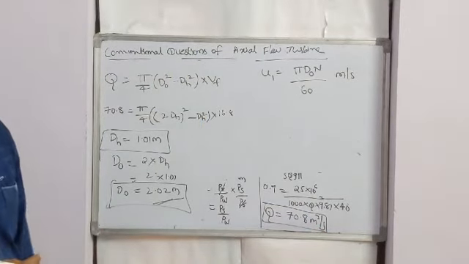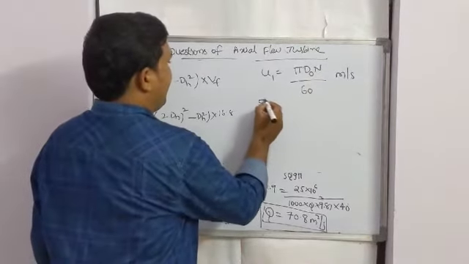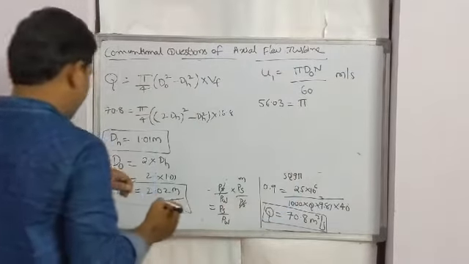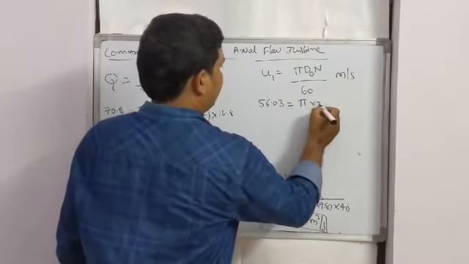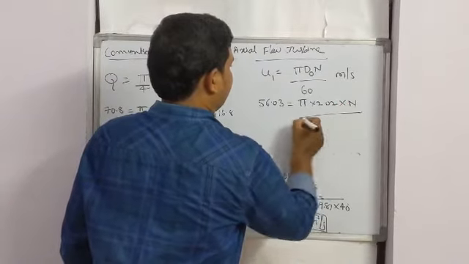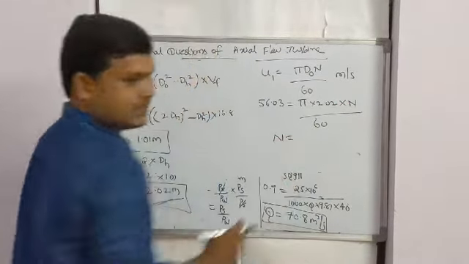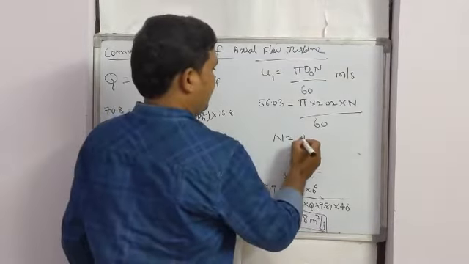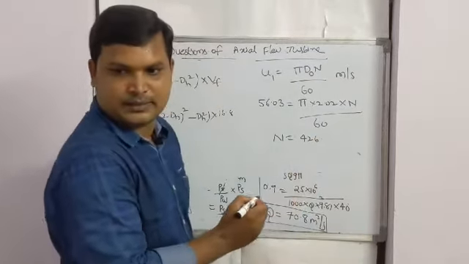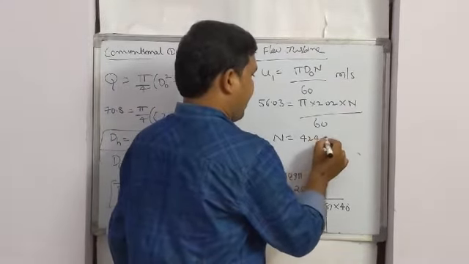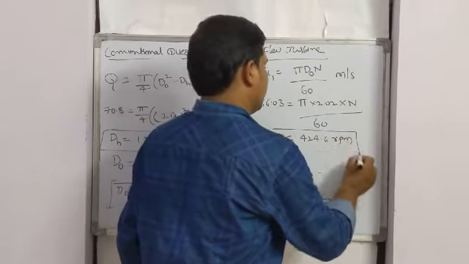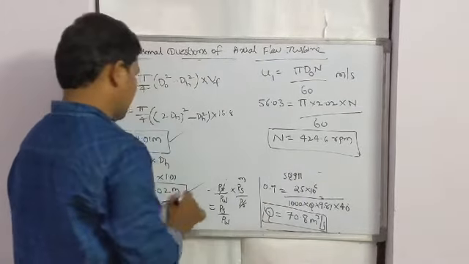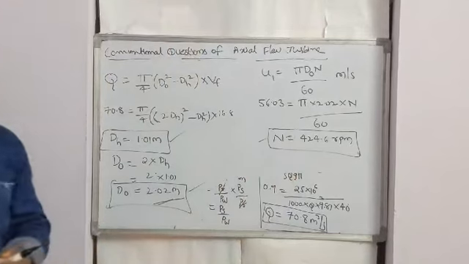So U1 is 56.03, equal to pi into outer diameter of runner 2.02 meter into N by 60. By substituting all of these, N we get as 424.6 rpm. This is the answer. So hub diameter is over, outer or tip diameter is over, and speed of the shaft is over.